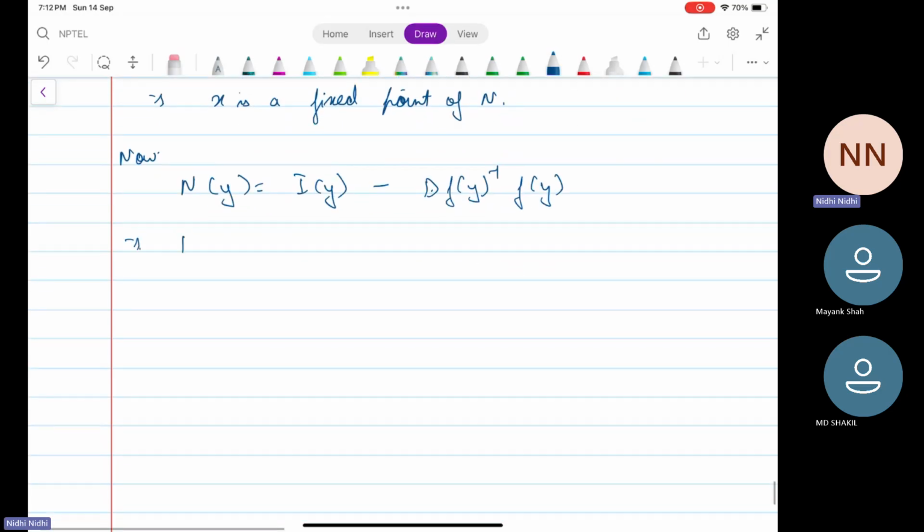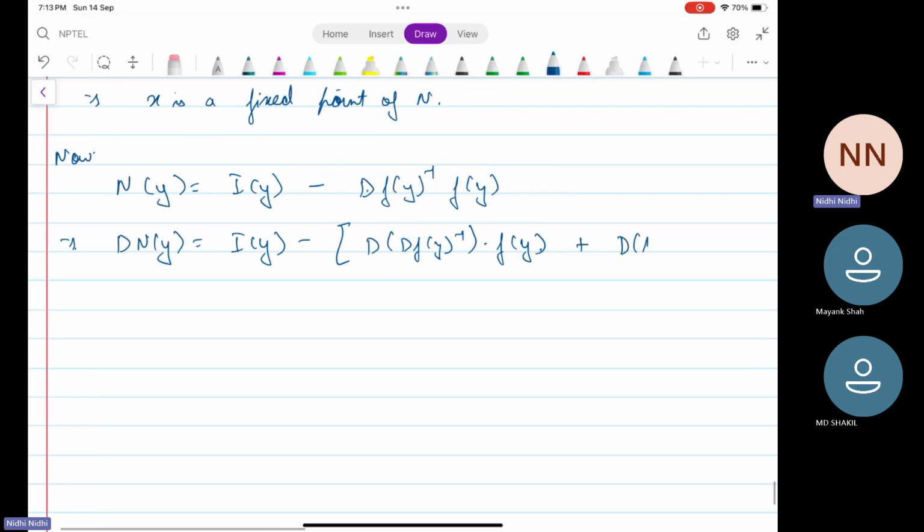This implies DN(y): the derivative of the identity map is identity, and then we apply the product rule: derivative of the first term, second term as it is, plus first term as it is, and derivative of the second term.